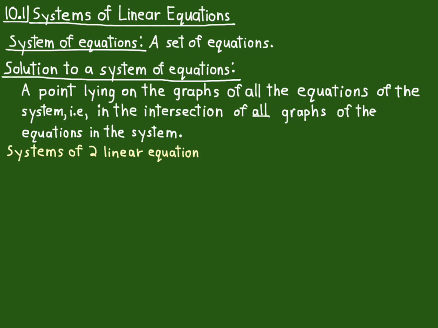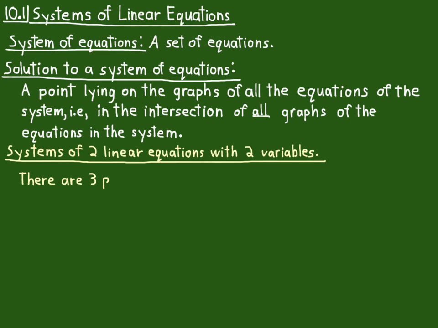So systems of two linear equations with two variables are probably the simplest type of systems of equations that we'll have. There's three possibilities. You can have a single solution, which is what happens when you have two non-parallel lines. They intersect in a single point.